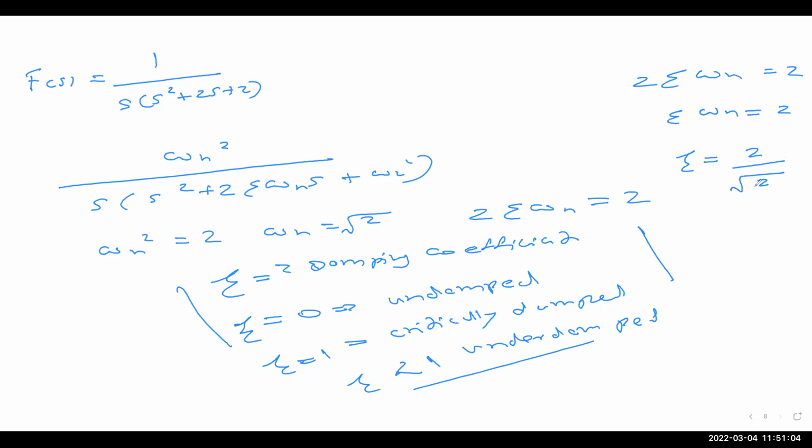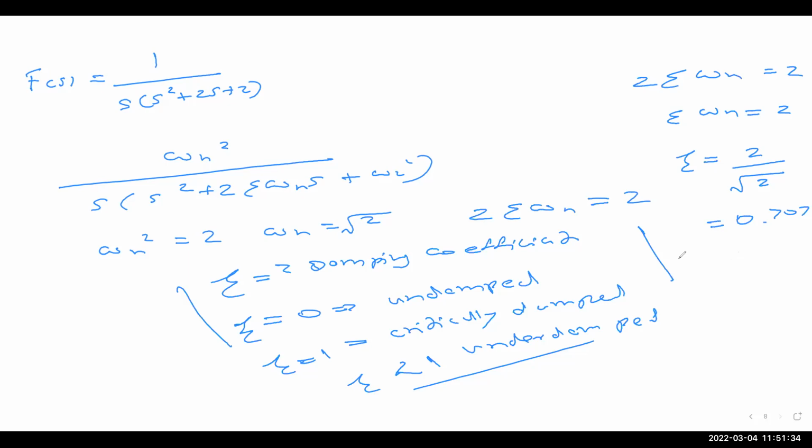Root 2 is basically 1.4 something, so if I divide this, it gives something like 0.707.